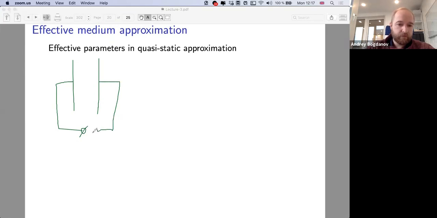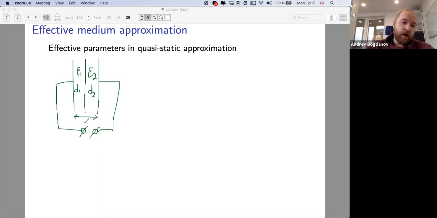So, and now let's imagine that this capacitor, so here I have my metamaterial or my periodic structure. Here it's like epsilon 1, here it's epsilon 2, okay? And here I have d1 and d2. And the total thickness of my capacitor is d.